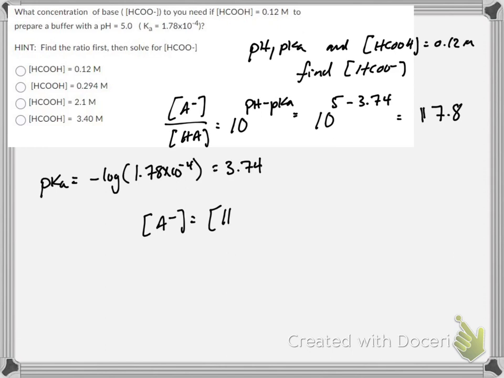Now, we're given the concentration of HA, so we can solve for the concentration of A minus: HA times 17.8, and we get 2.1 molar. So that's how we would do a problem in which we're given the pH and pKa and asked for one of the two concentrations, given the other.